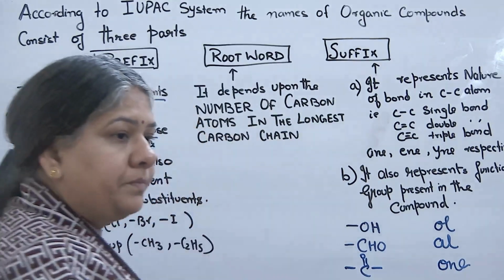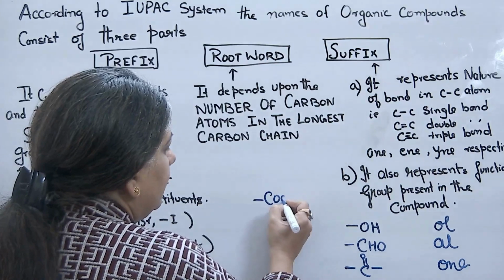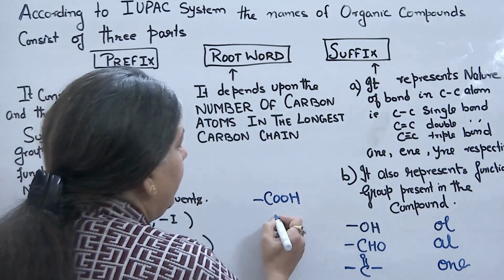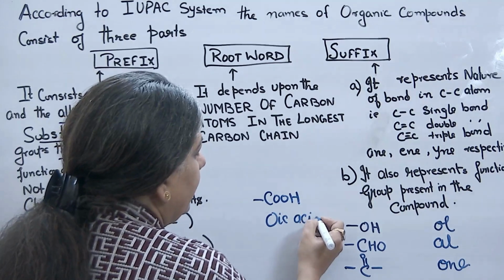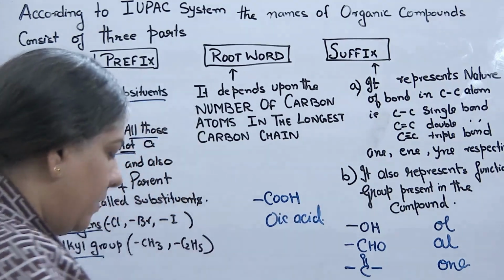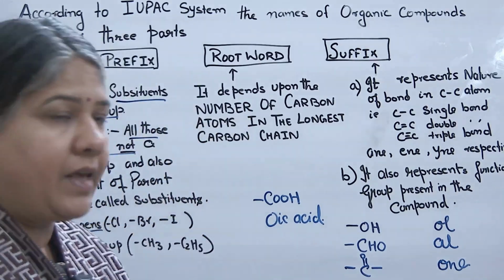And if it is acid, COOH, then the suffix will have "-oic acid". So this will become more clear when we take the examples.